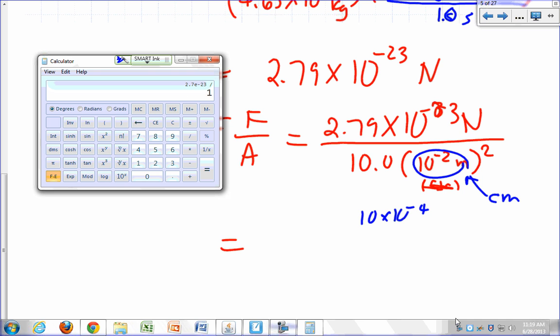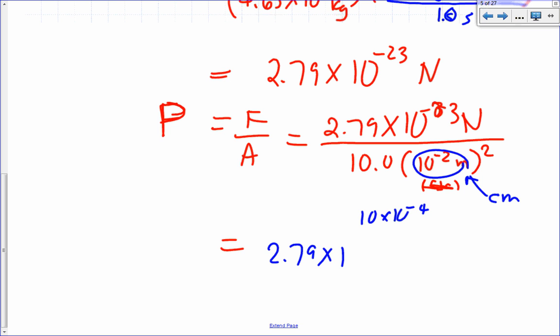And that gives me 2.79 times 10 to the negative 20 newtons per square meter. A newton per square meter is called a Pascal in SI. So that's what the pressure is due to one molecule.